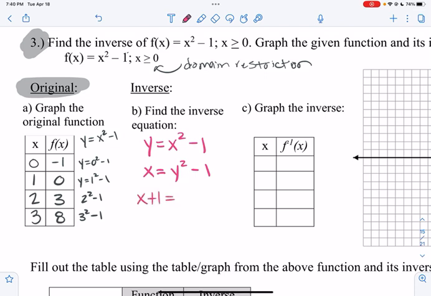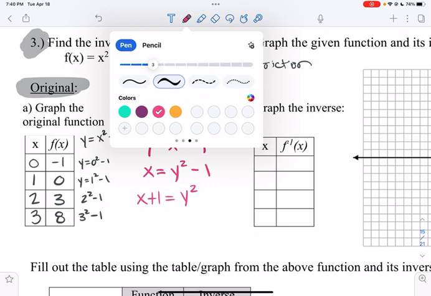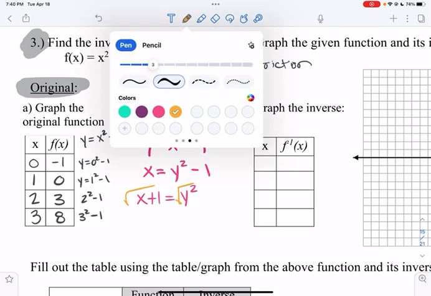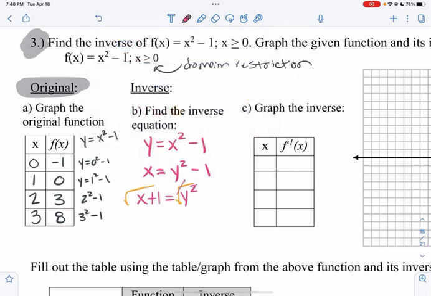How do we undo our powers? We will take the roots. So since it's a square power, we will take the square root. That cancels that guy out, leaves us with y. And then the square root of x plus 1 over here. So I'm just going to write it in inverse notation.